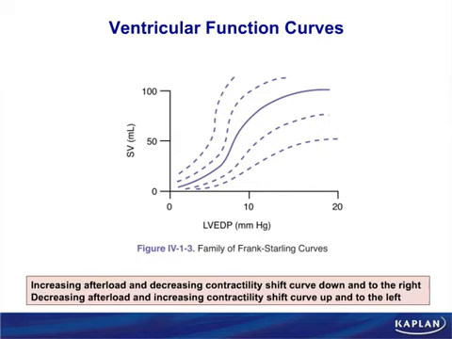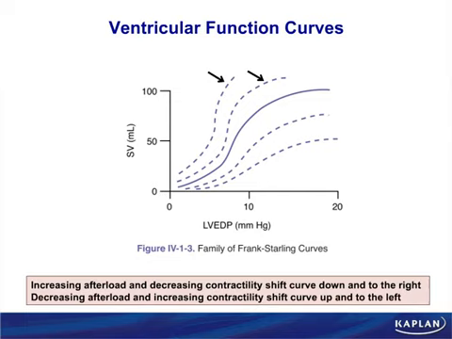If the solid line is normal, then moving up and to the left would be an increase in contractility or a decrease in afterload. Those are illustrated by the arrows. So the arrows indicate an increased contractility or decreased afterload.